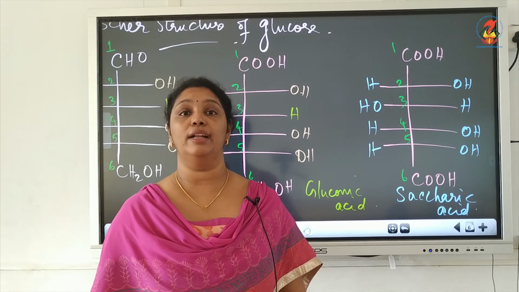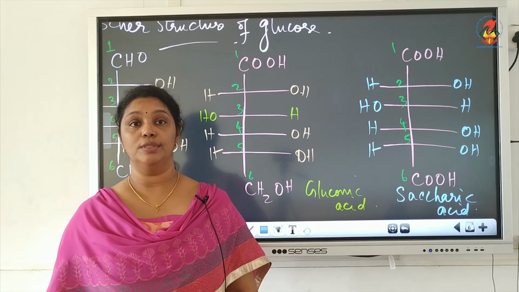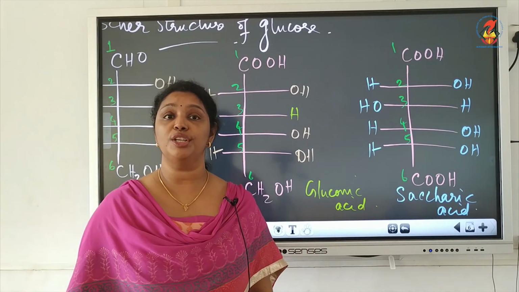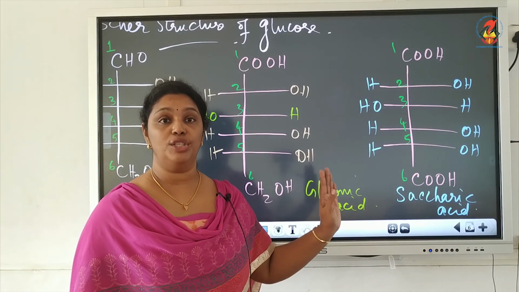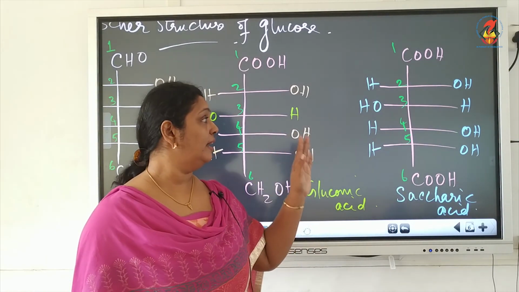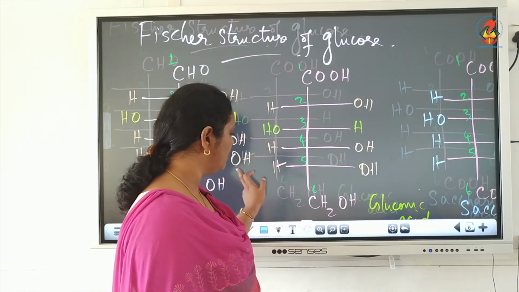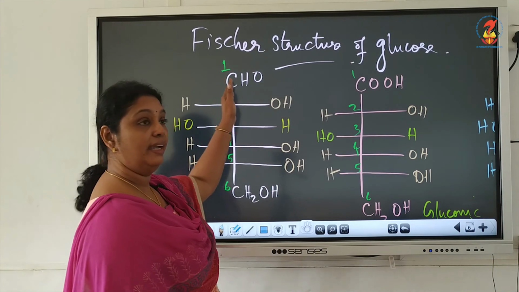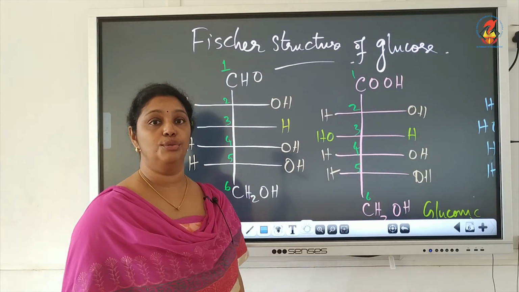There are 4 secondary alcohol groups also present in glucose. So, this is the Fischer structure of glucose. But on the third carbon, we have OH group on the left side and hydrogen on the right side. And on the top in the structure of glucose we have the aldehyde functional group, and at the bottom the primary alcohol group, CH2OH.